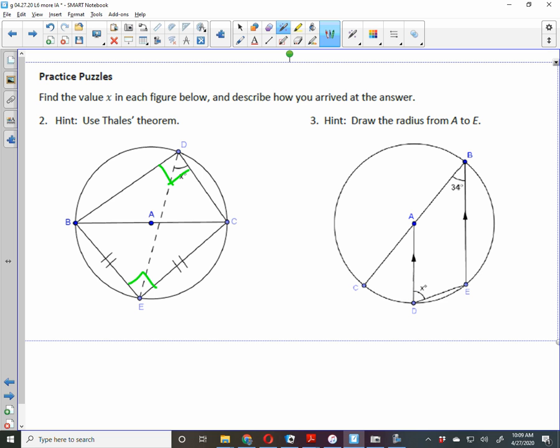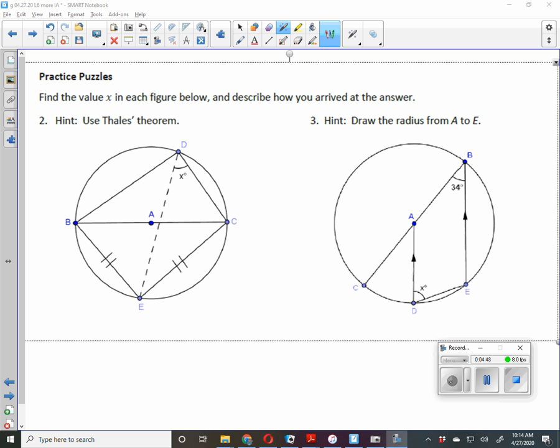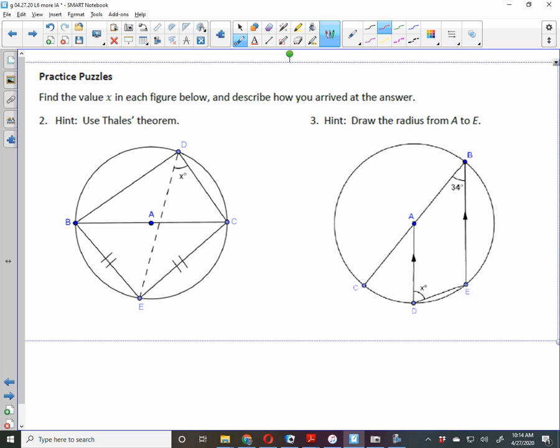Therefore, we also know we have right angles here. If this is an isosceles triangle, then we have to look seriously at the fact that this is a right triangle right here.